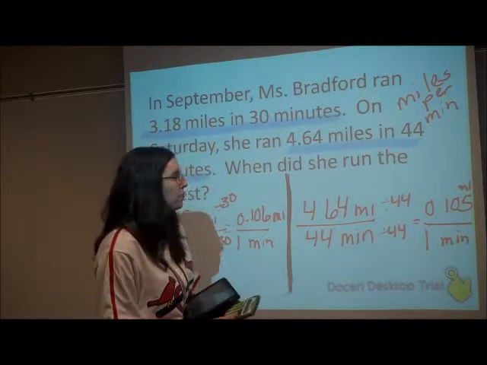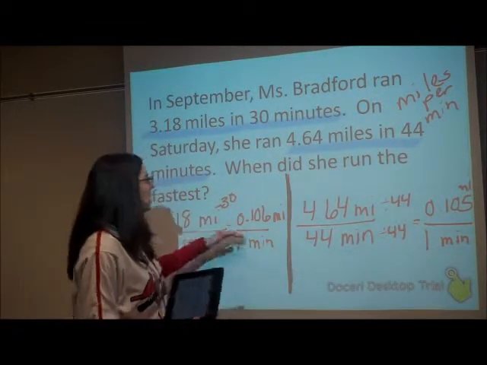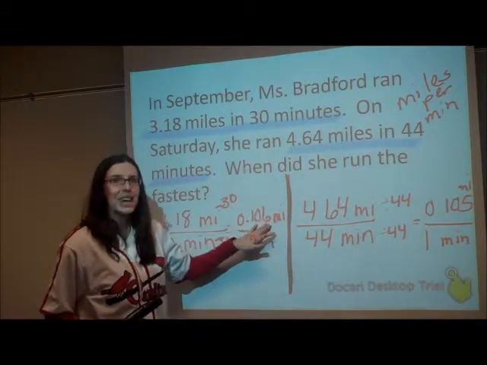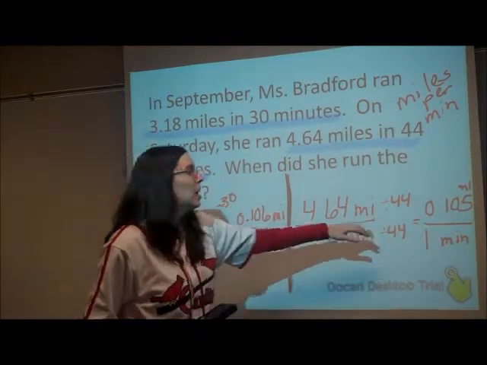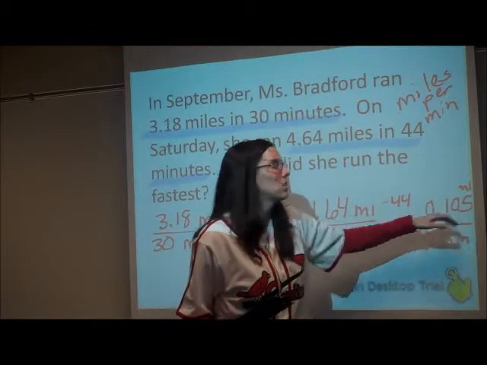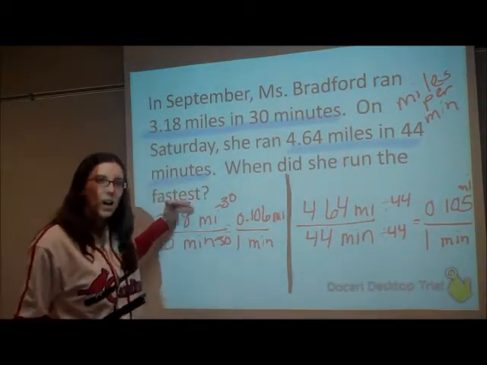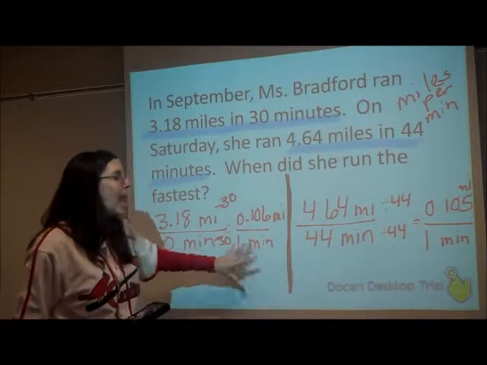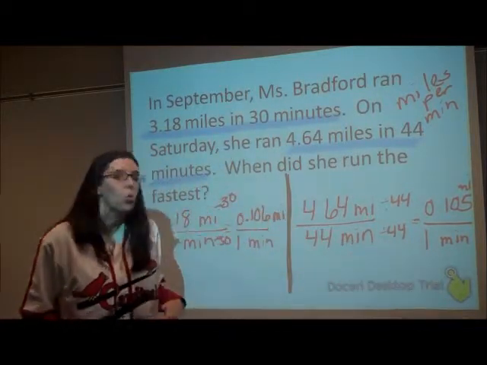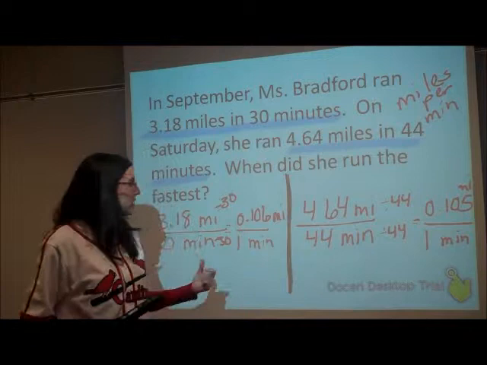I ran out of room. So in this one, I went 106 thousandths miles in 1 minute. This one, I went 105 thousandths miles in a minute. When was I the fastest? Now it's easier to compare. Which one did I get it done quickest?